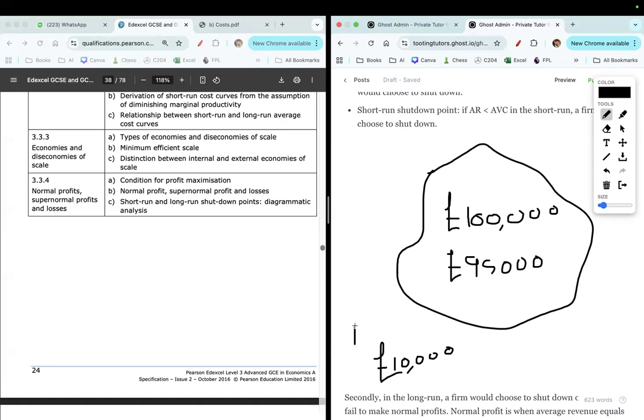So that's my total fixed cost. That's my total revenue. That's my total variable cost. What's my profit here? You're not making a profit. Yeah, what's my loss? 5,000.